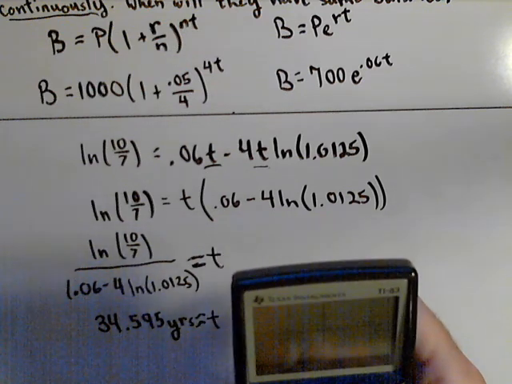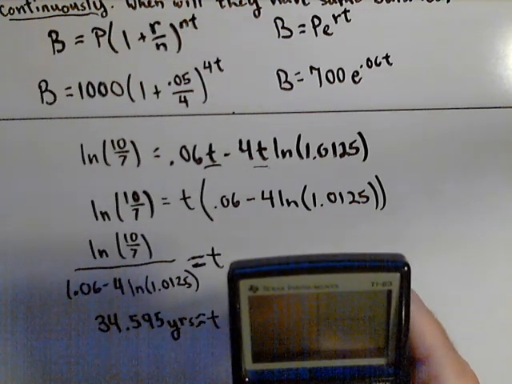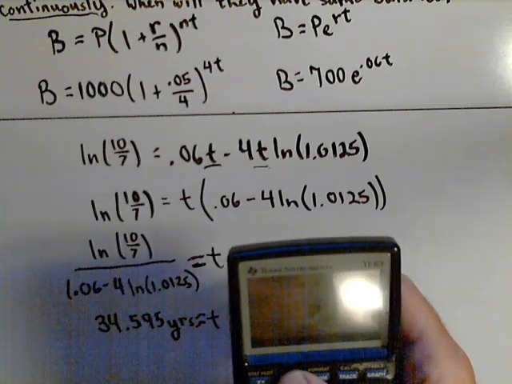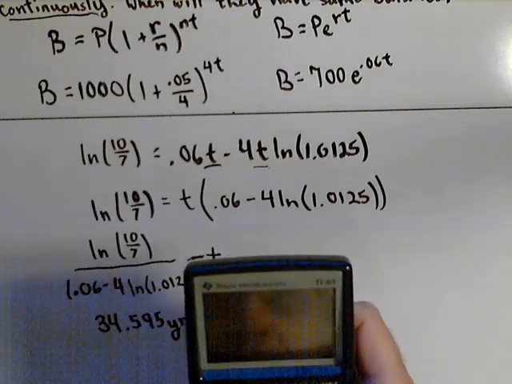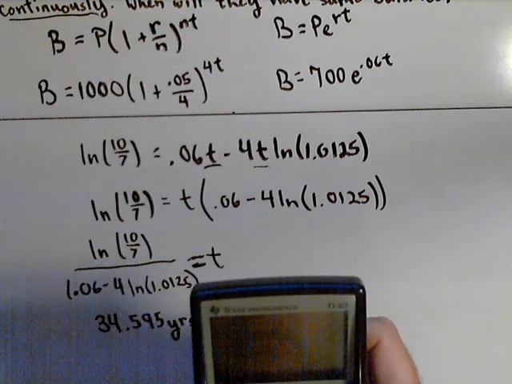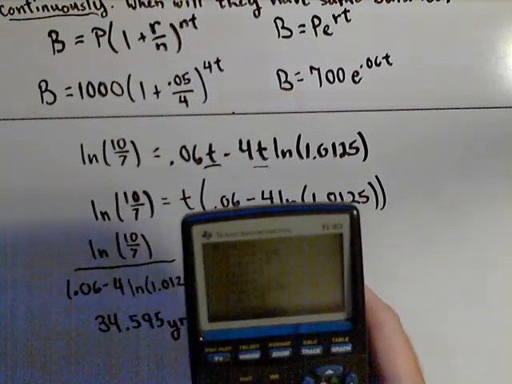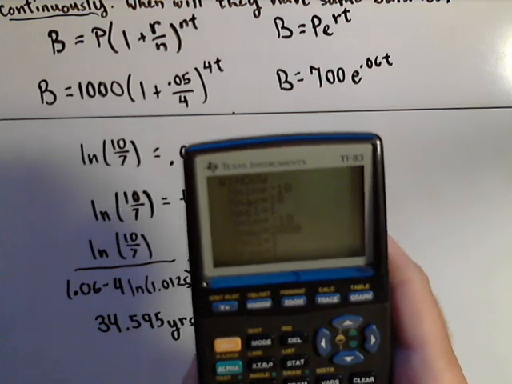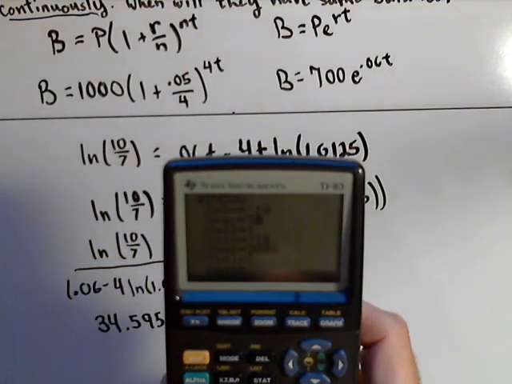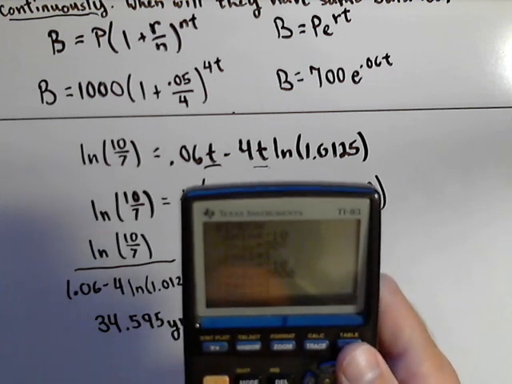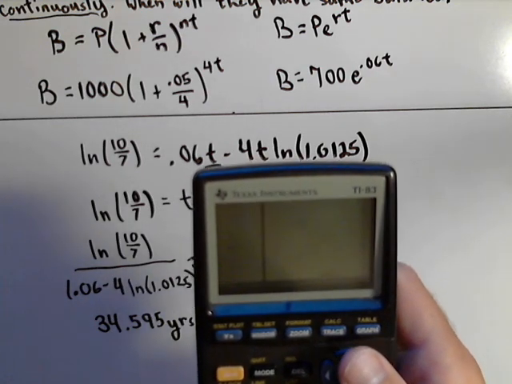So we need to pick a window that makes sense for our functions. So we need our y-max to be at least 1000, so let's go up to 2000. And our x-max, well, we know what it's supposed to be, but let's say we didn't know ahead of time. Well, it's going to probably take more than 10 years for that one to catch up, so let's try 30 years. And let's just see what we see.